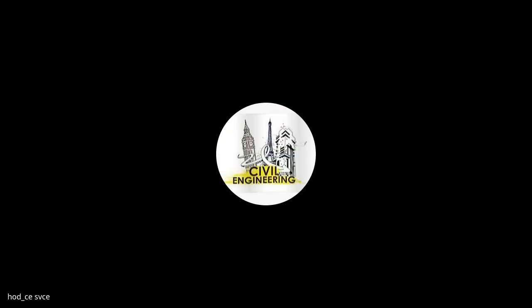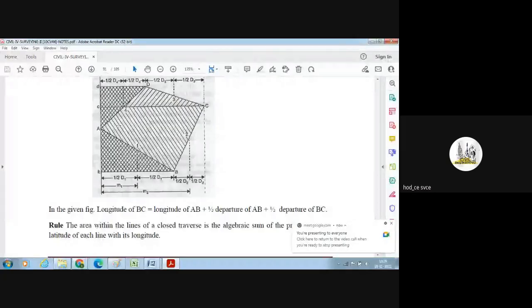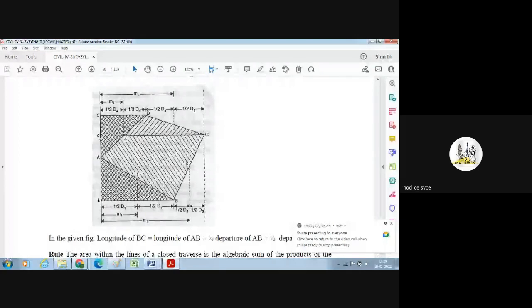See here, in the given figure, longitudinal of BC, right? That means I need to calculate the area of this trapezium. Okay, so that is small c to capital C and capital B to small b, right?